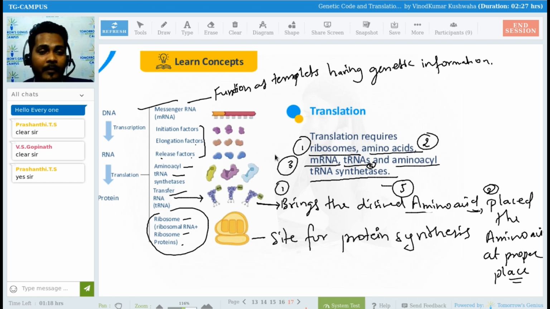But the eukaryote has a proper nucleus. So basically this transcription takes place in the nucleus in the eukaryote, right?